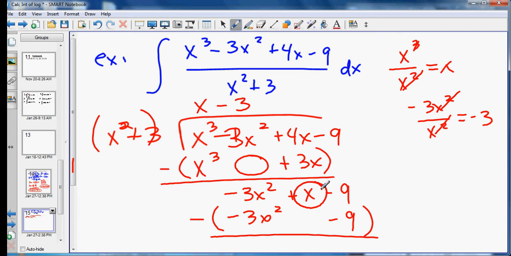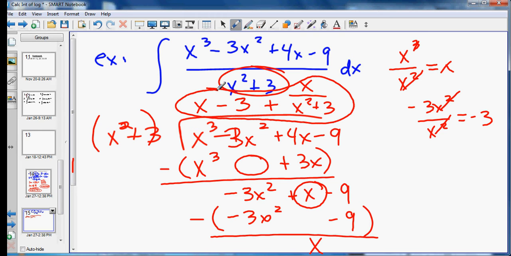So x turns out to be our remainder, and we know our remainder always goes over top of our original denominator. So the original question we had, the fraction inside the integral, is equivalent to x minus 3 plus x over x squared plus 3.